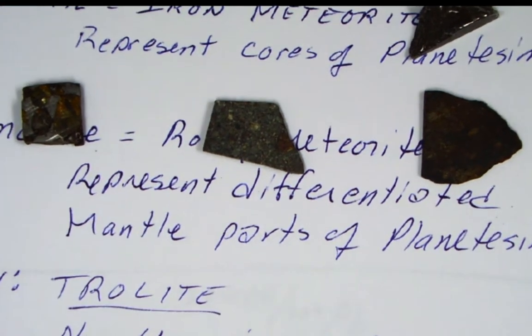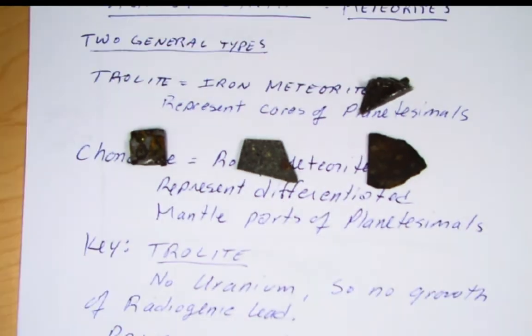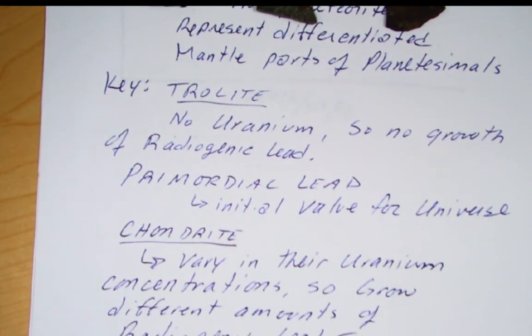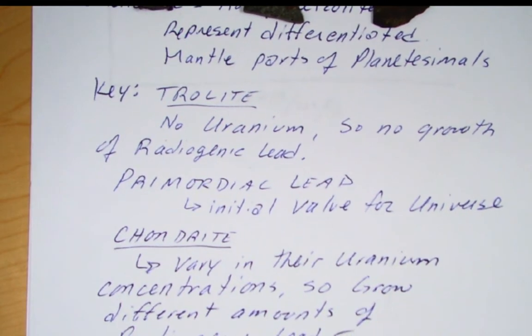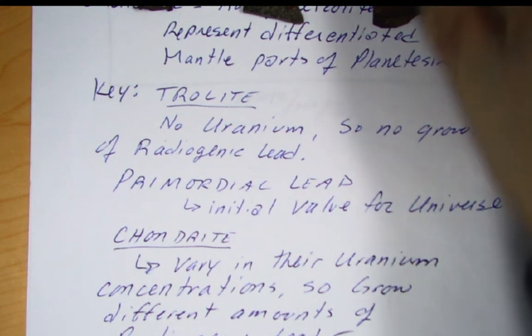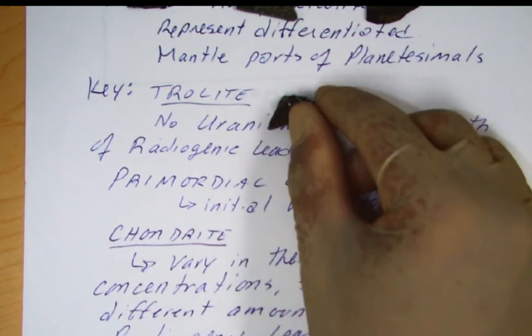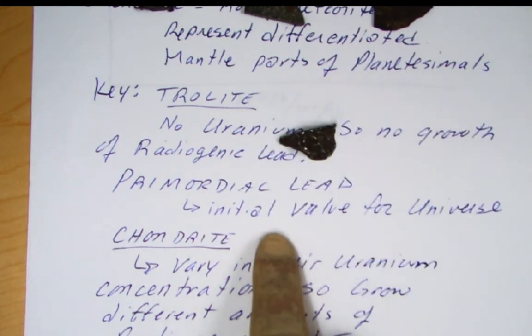The key is this next part. Troilite has no uranium, which means it's not going to grow any radiogenic lead. So the lead that we measure from these troilites, these iron meteorites, is important because it's what we call primordial lead. That primordial lead is the initial value of lead in the universe.